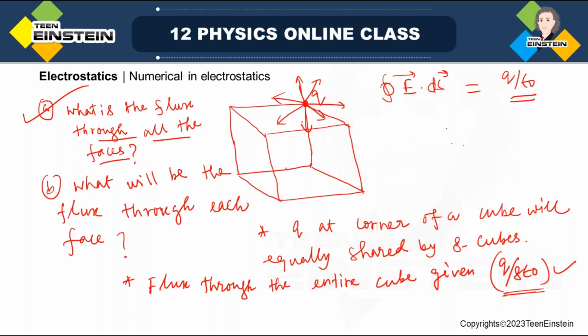And in this case, the three surfaces which are attached to this corner: this one surface, another surface, and the other surface. These are three adjacent faces.